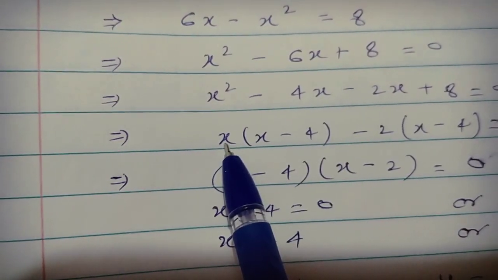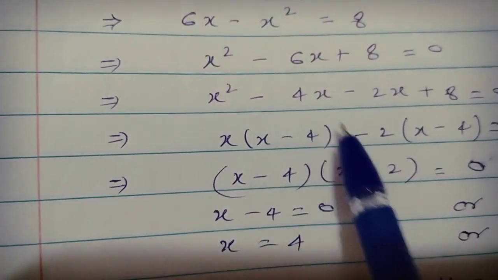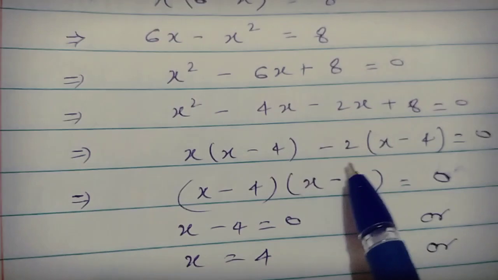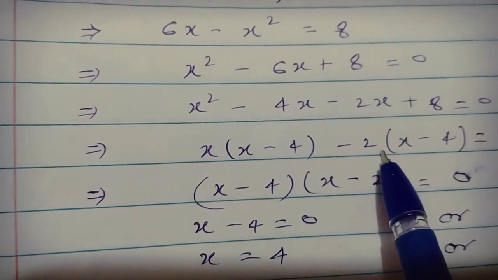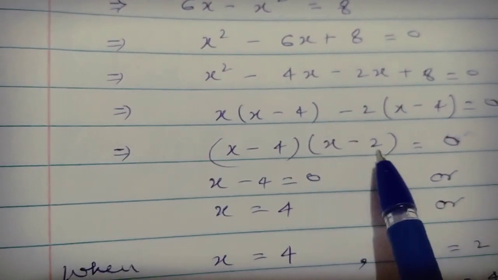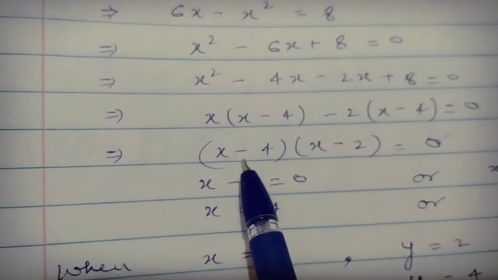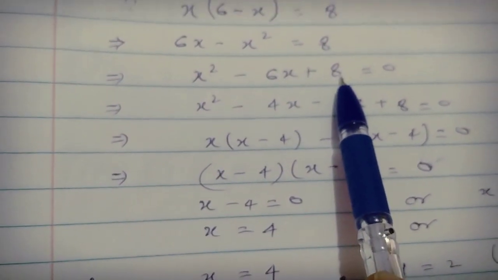We can take out x as a common term from the first two terms, and from the last two terms minus 2 can be taken out as the common term. We get (x minus 4) and (x minus 2), two factors of this polynomial.